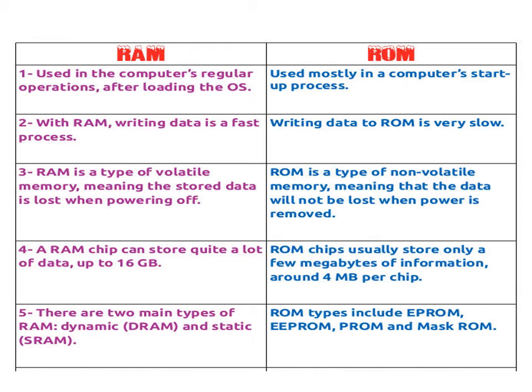Writing data to ROM is a very slow process. A RAM chip can store a lot of data, up to 16 GB. But ROM chips usually store only a few megabytes of information, around 4 MB per chip.